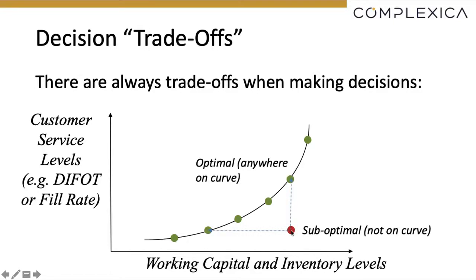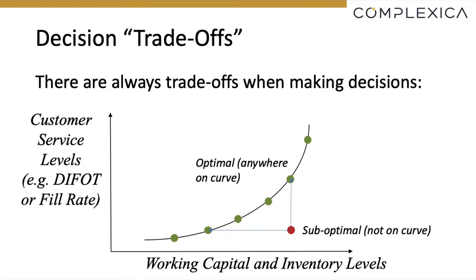This red dot involves a lot of inventory and working capital, and yet achieves a customer service level that's not any better than this. So from this position here, we could go left and dramatically reduce our working capital and inventory while holding the same DIFOT fill rate or customer service level, or we could go up and hold the same level of inventory but dramatically improve customer service levels.